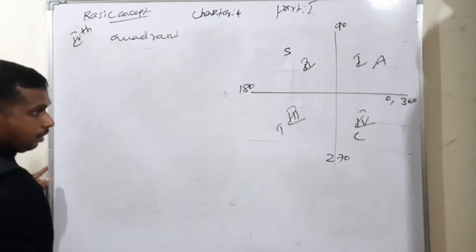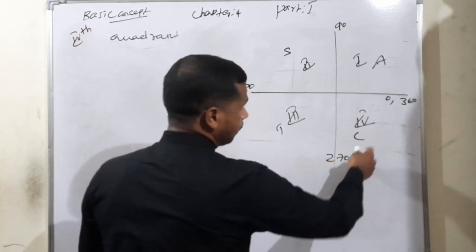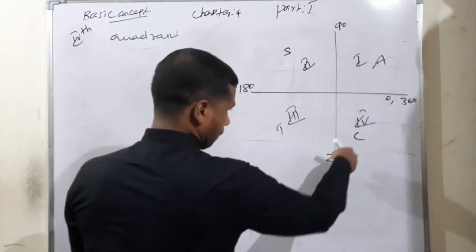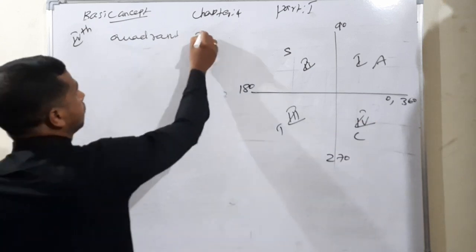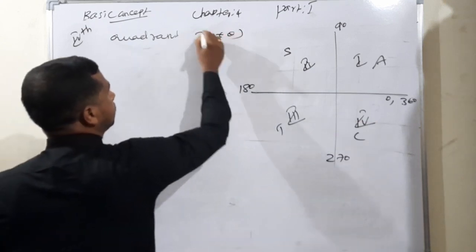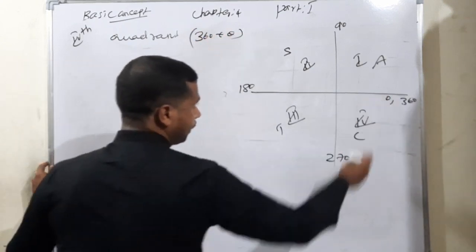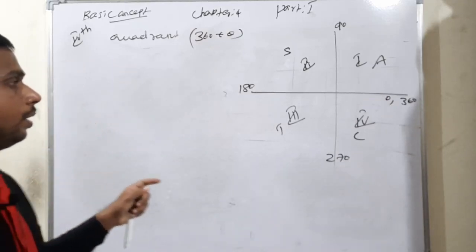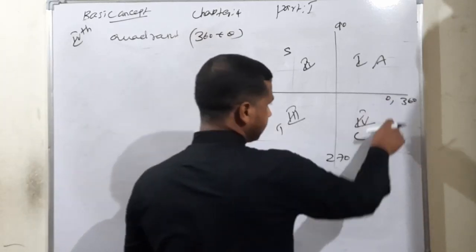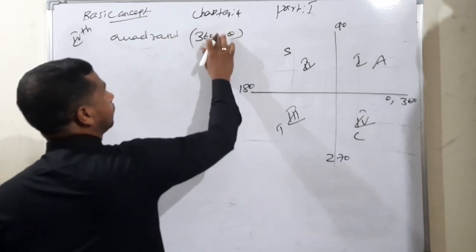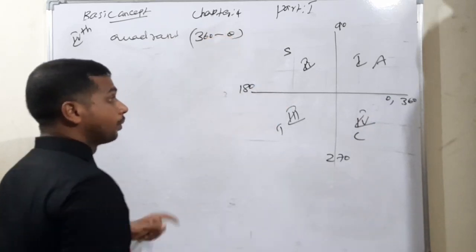Fourth quadrant. So clockwise means 360 minus theta, isn't it? Counterclockwise means 270 plus theta.